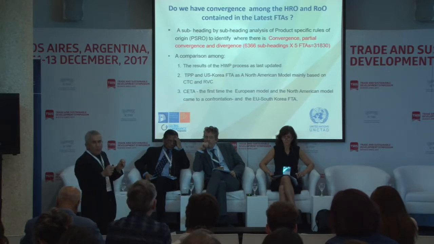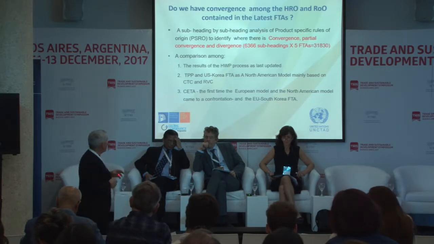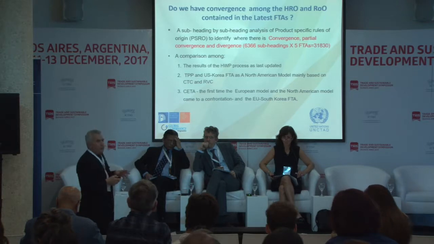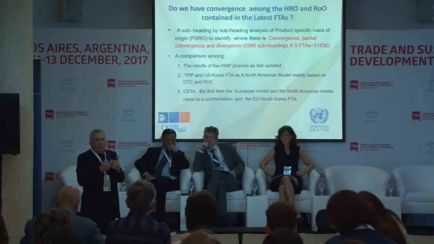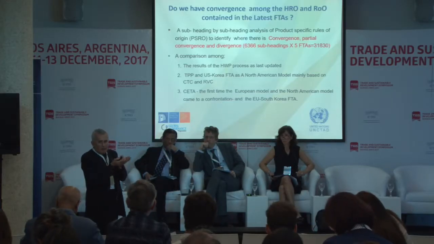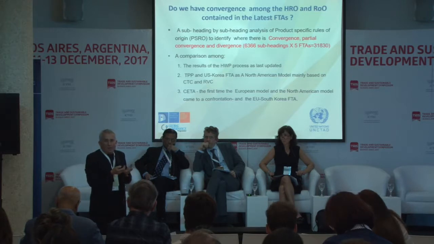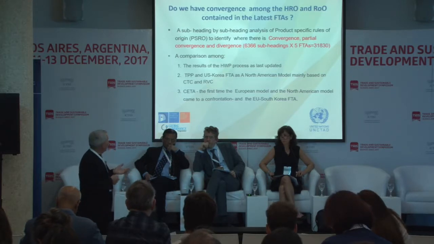And then we also analyzed the other agreements, the TPP, which is the most recent. Even if it does not enter into force, it represents one of the major efforts by 12 major countries in the most growing area of the planet.